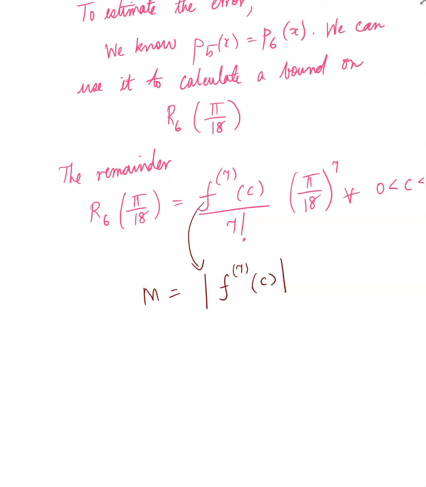But when you throw in the absolute value, it doesn't matter whether it's negative 1 or 1, it cannot go more than 1. The upper bound is 1. This is true for all x, where the seventh derivative of x is negative 1. So we are looking at the upper bound, not the lower bound, and we know that it's not going to exceed 1 because we saw that it went back and forth between negative 1 and 1.